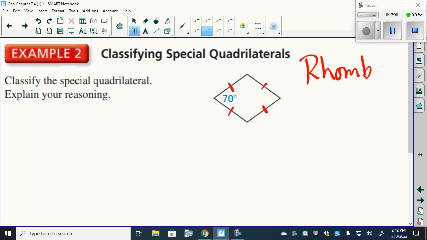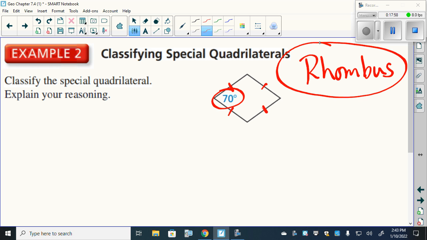A rhombus, which also means that it's a parallelogram, because rhombus, square, and rectangle are all parallelograms. Now, since one of them is 70, we know it can't be a rectangle because rectangles have 4 right angles, 90. And it can't be a square because squares also have 4 right angles. So the most specific definition that we can have is rhombus. That's all you have to do is call it a rhombus.